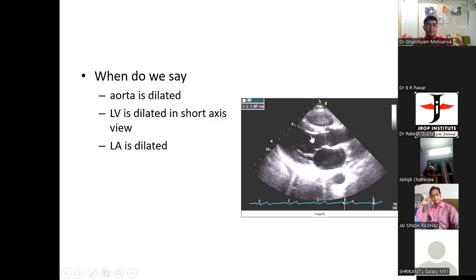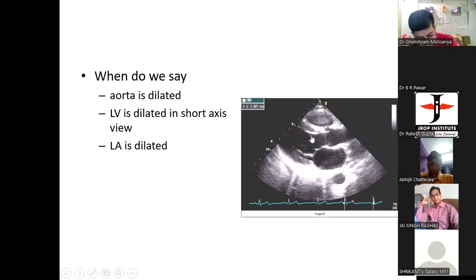When LA is dilated? More than 39, 40 millimeters of size. When LV is dilated: when LV size in short axis is more than 57 millimeters, or E point septal separation is more than 7 millimeters, then LV is dilated. Read, man, this is an important issue to read again and again.